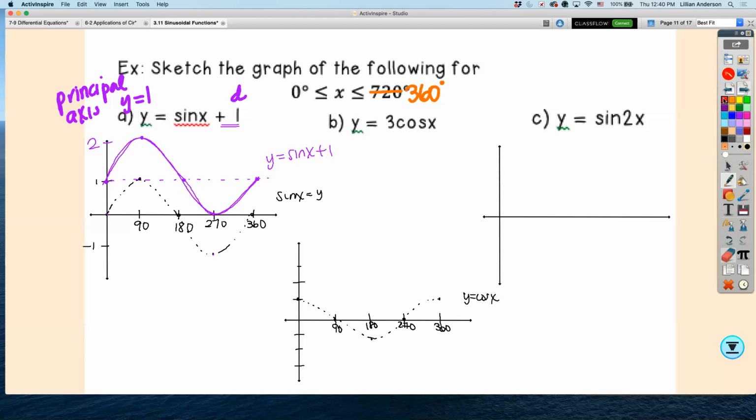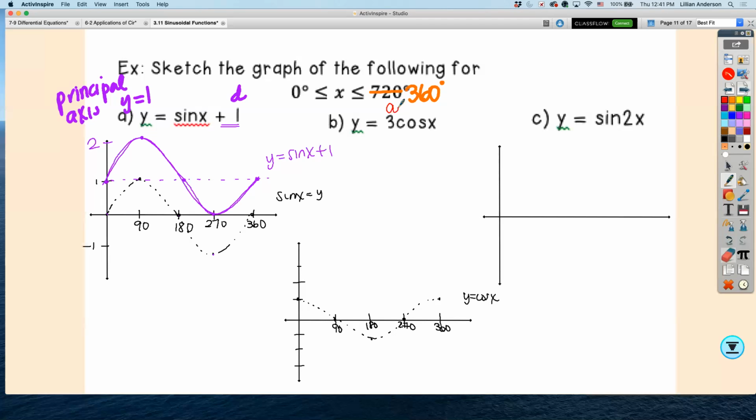I have y equals 3 cosine x. That 3 is which variable in the general form? Is it a, b, or d? It's a. It's that value that's attached to my trig function in the front. The absolute value of A is the what?